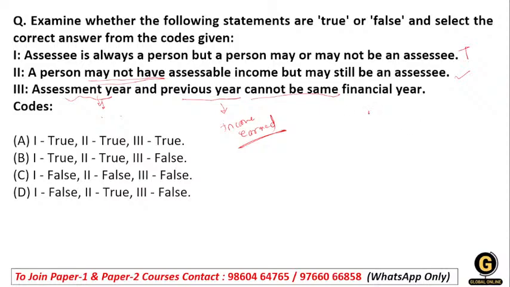This is possible in the condition of a newly started business. So statement number 1 and statement number 2 are true, and statement number 3 is false. So option number B will be the right answer.